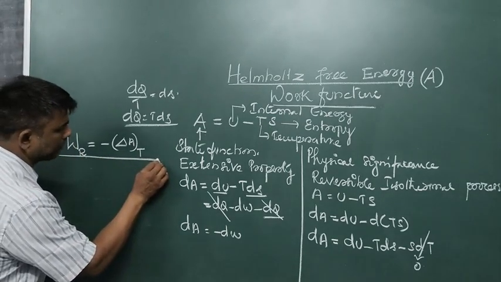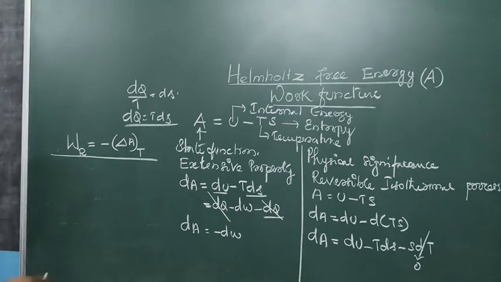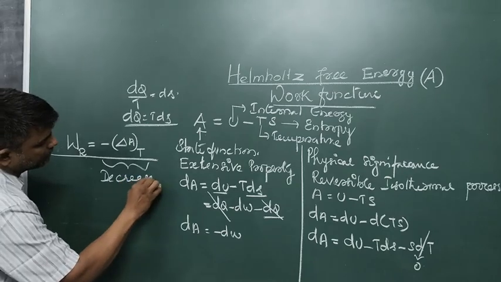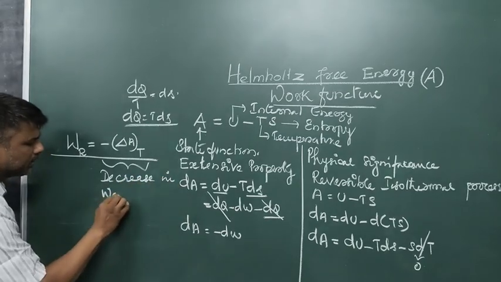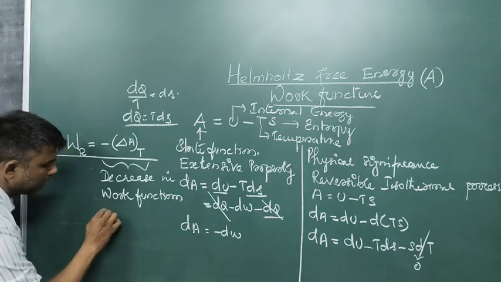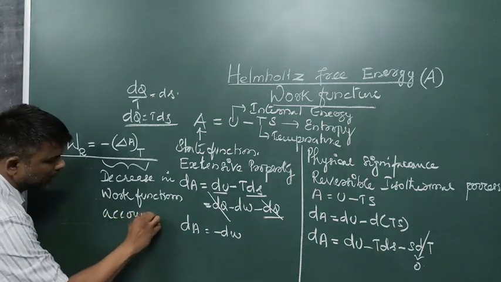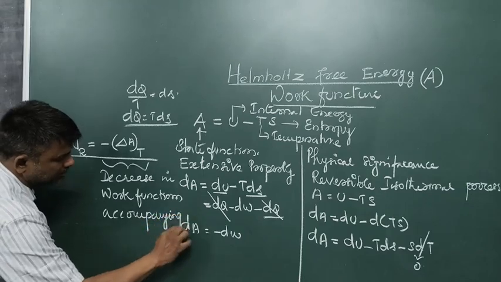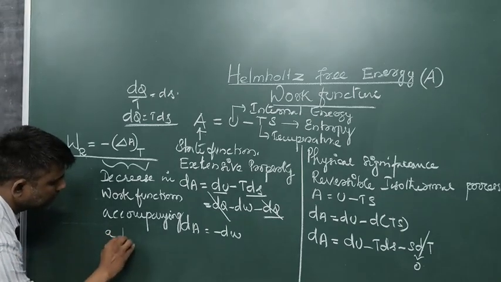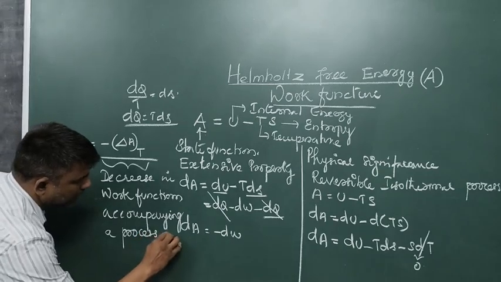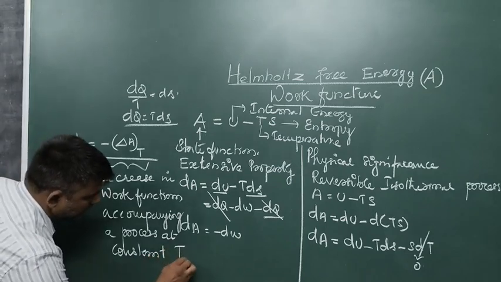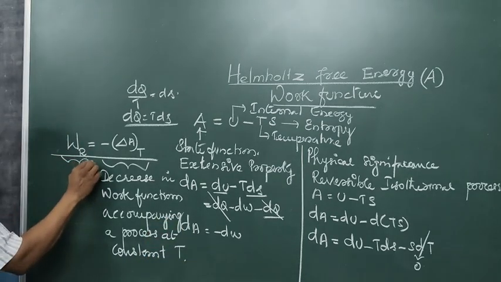What is the information from this equation? This is the decrease in work function accompanying a process at a constant temperature T. What is the left-hand side of this?